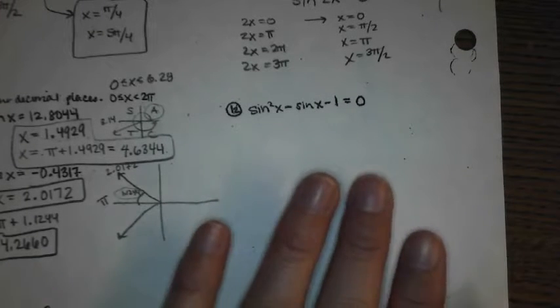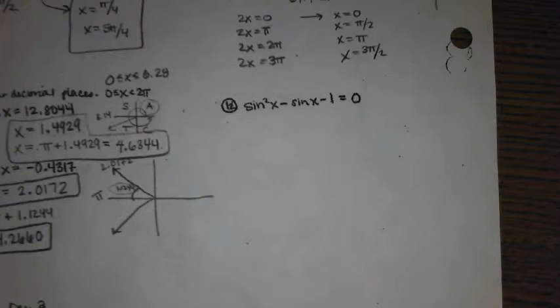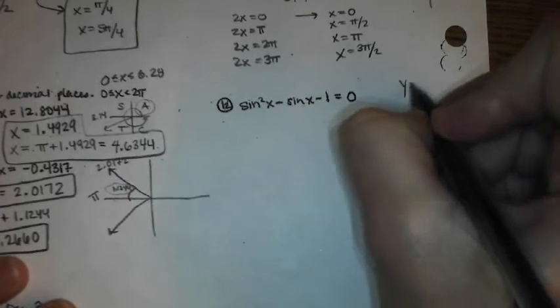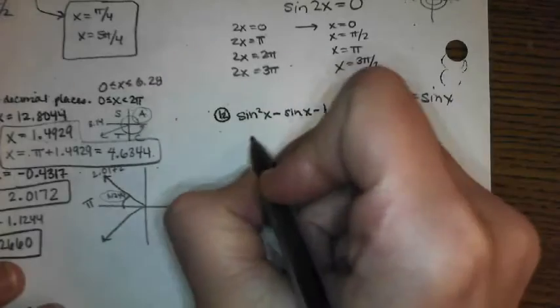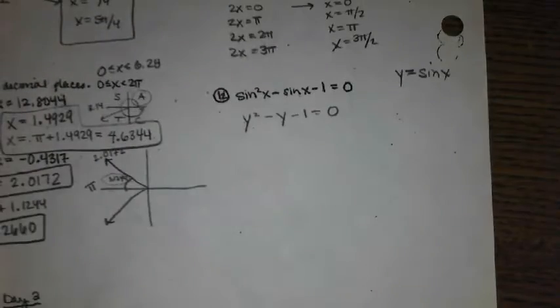And C, or 12 I guess, is a sine example. Something that's not factorable. How do you solve it? Quadratic formula. So for the moment, I'm going to replace sine x with a y. So I'm going to do y squared minus y minus 1 equals 0. I'm going to do the quadratic formula here.